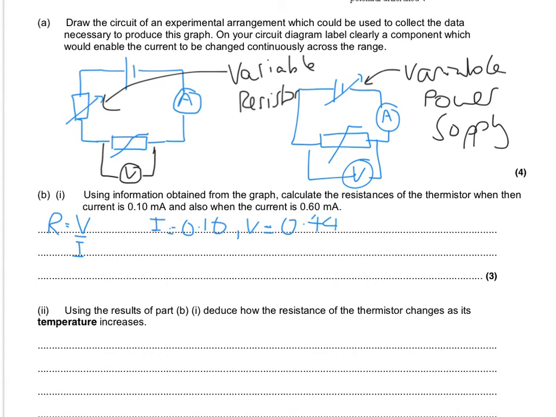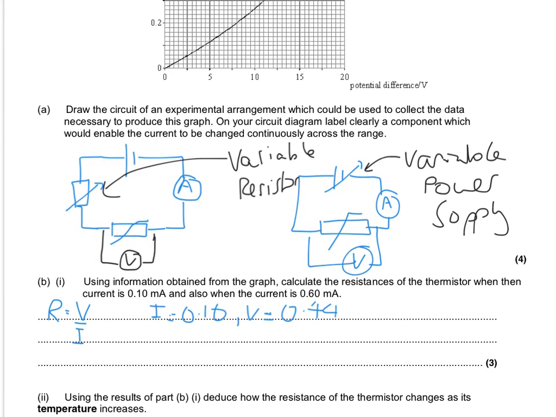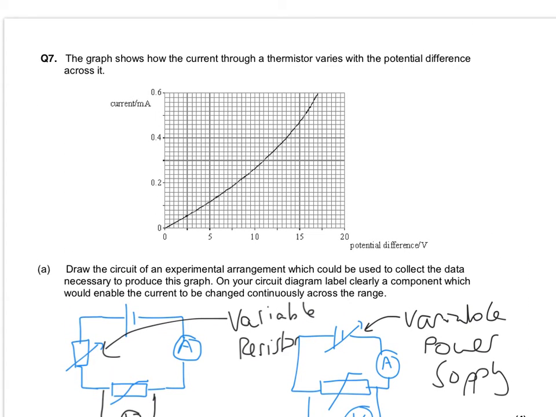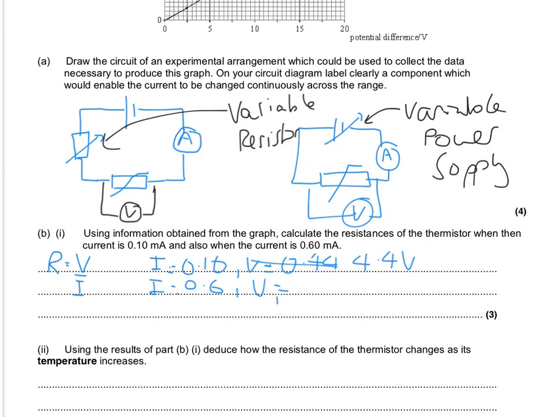If we look at that, and then at 0.6, sorry, it's not 0.4, it's 4.4, my mistake. And then at 0.6, the V, if we read from the graph, most people managed to read this one correctly. If we go across from 0.6 and then read down, we get about 17, isn't it? Yeah, 17 volts.